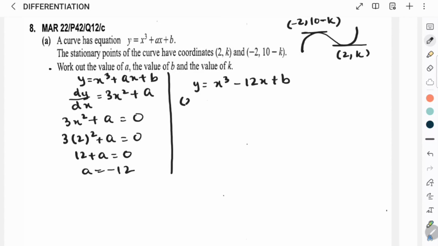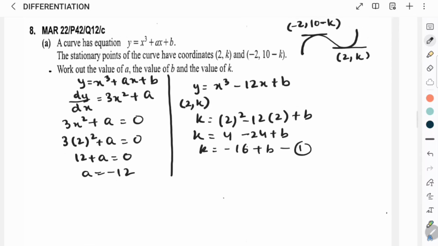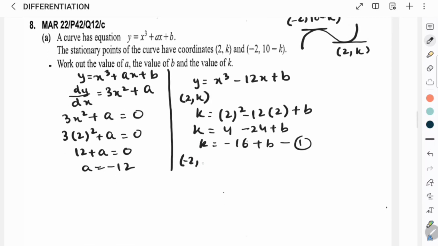I'm using the first point, 2k, to make the first equation. So k is equal to 2 cubed minus 12 times 2 plus b, which is 8 minus 24 plus b, so k is equal to minus 16 plus b. That's the first equation.